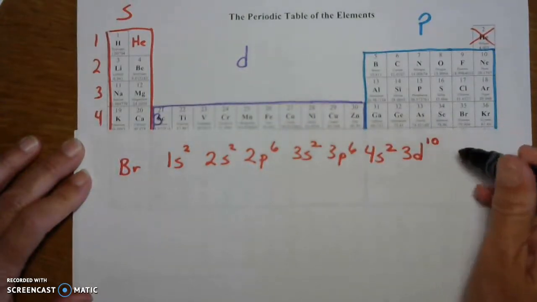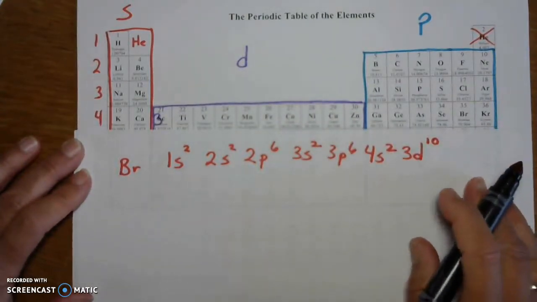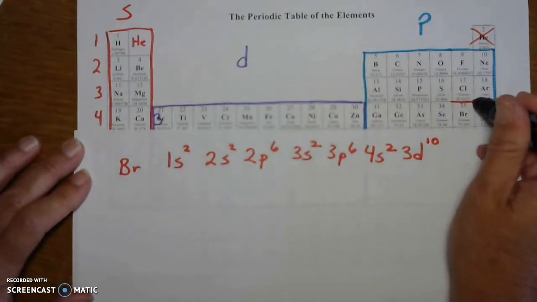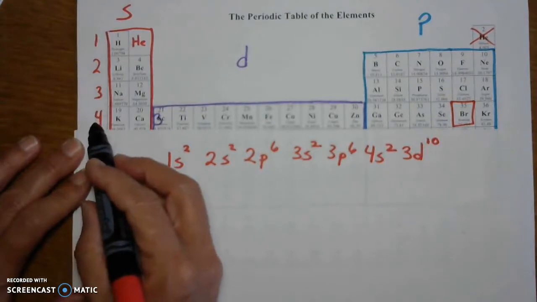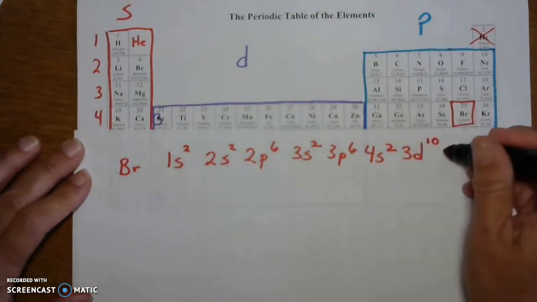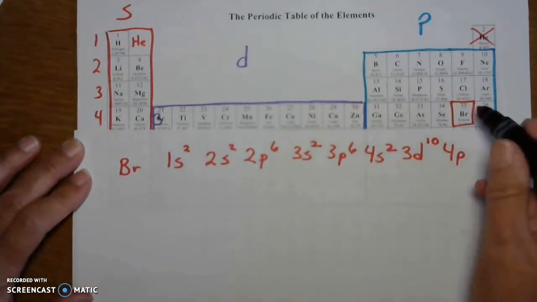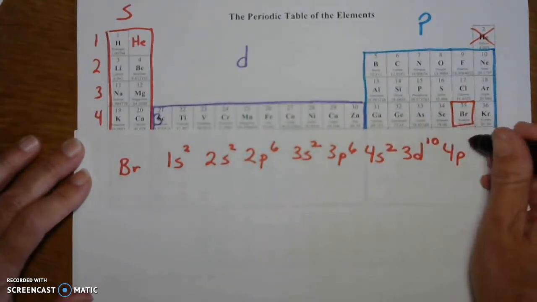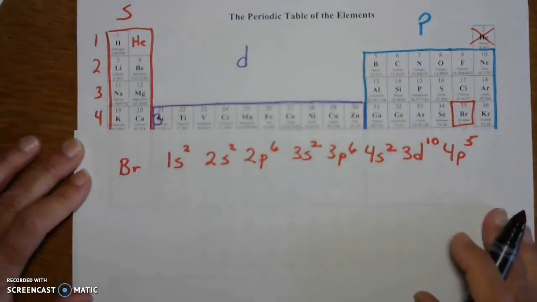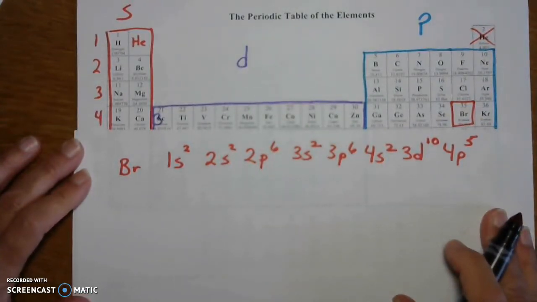So we put a superscript of 10. And we're doing bromine. Bromine is right here. So this is 4p, and we've got 1, 2, 3, 4, 5 electrons. So that's the electron configuration for bromine.